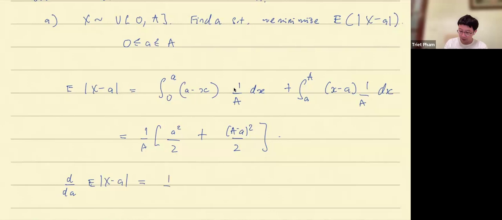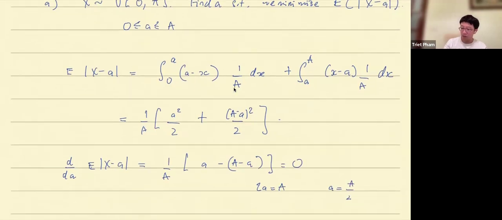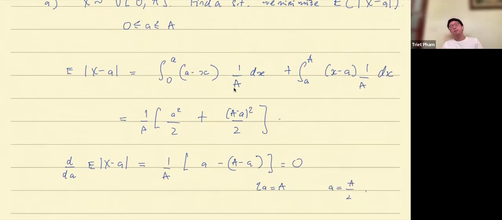We can keep the big A, but it won't do anything. And then the second one would be minus (A minus a). That must be equal to 0, which, as you can see, gives 2 little a equals big A, or a is A over 2, as the answer.